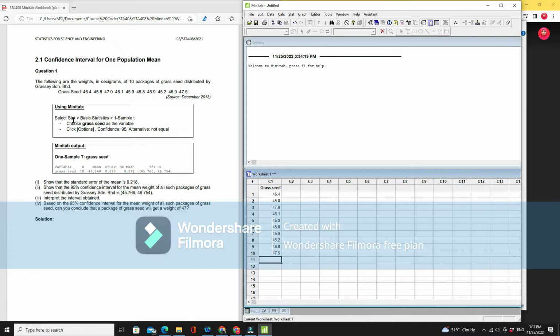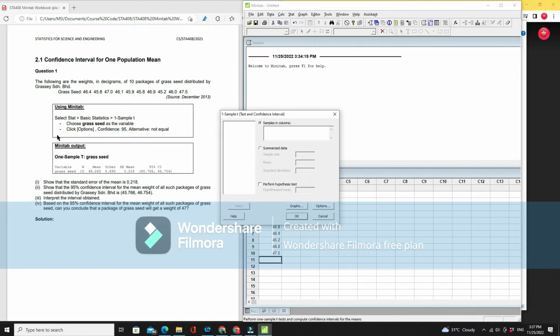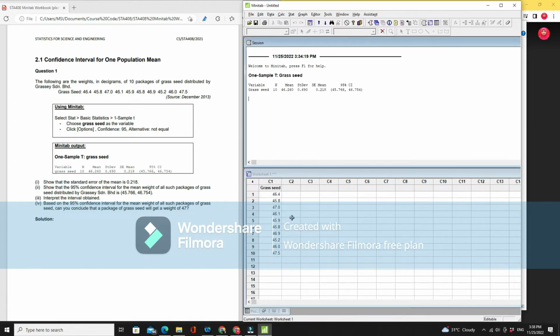Using Minitab, select Stat, Basic Statistics, 1-Sample t. Choose grass seed as the variable: samples in columns, grass seed, double click. Then click Options. We want a 95% confidence interval, not equal. Click OK, and then OK. We get the output same as your notes.